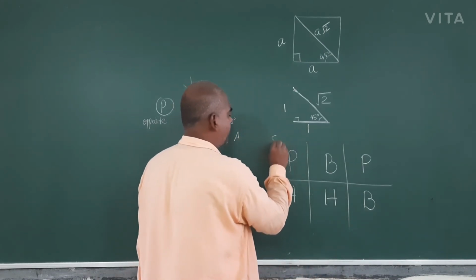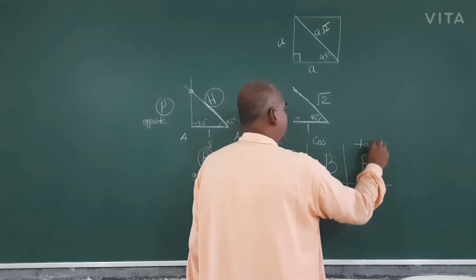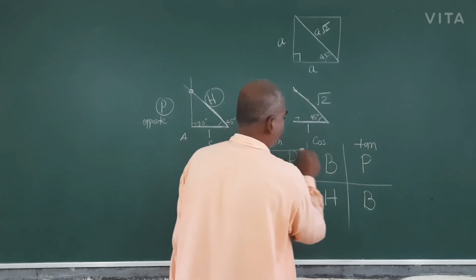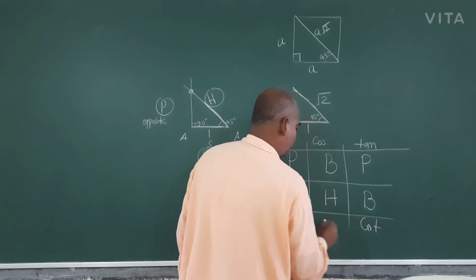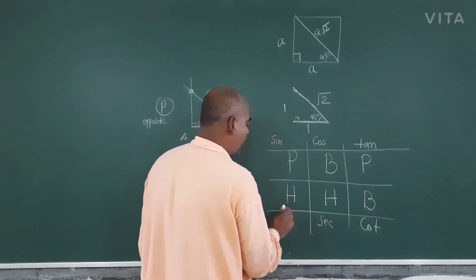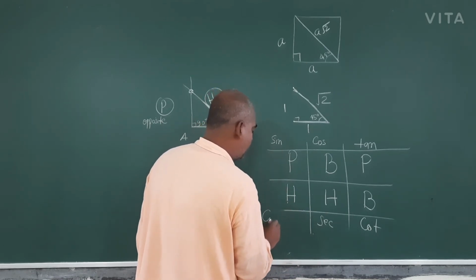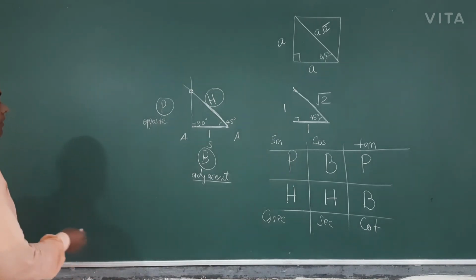The first one is sine, this is cos, and this is tan, and the inverses are cot, sec and cosec. These are definitions without proof; you will have to accept them. Okay, so sine 45.